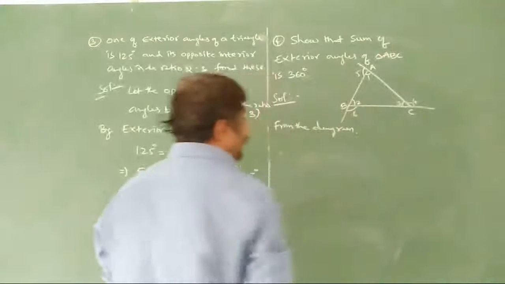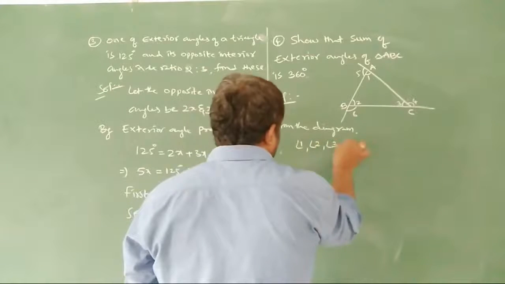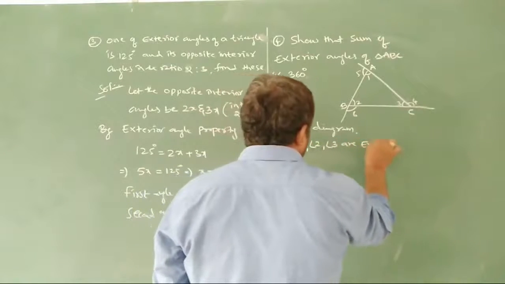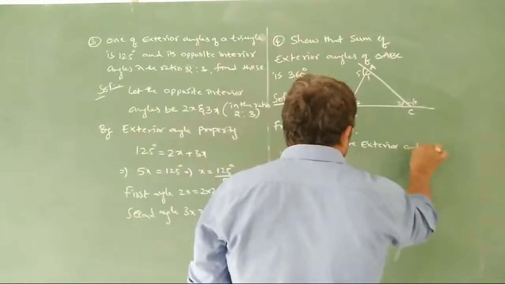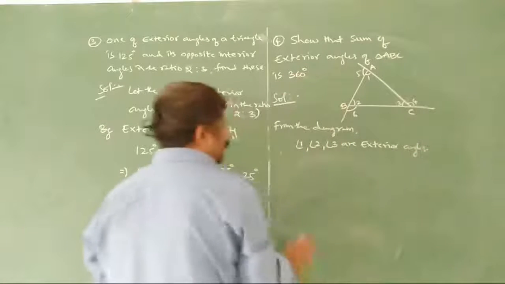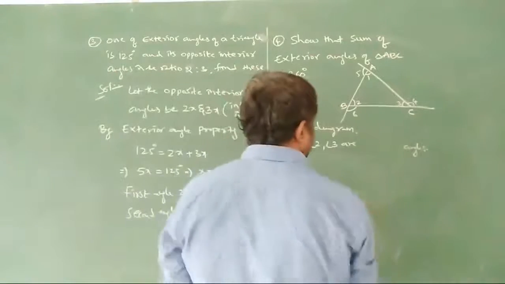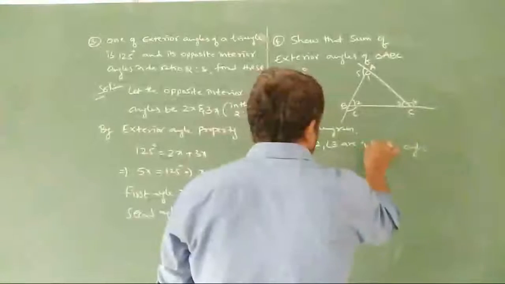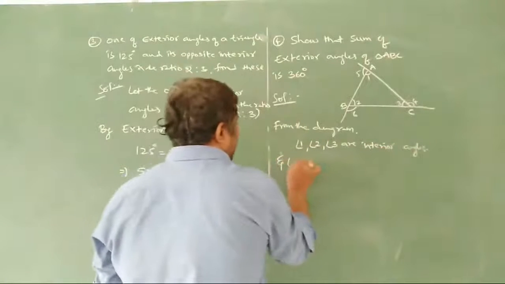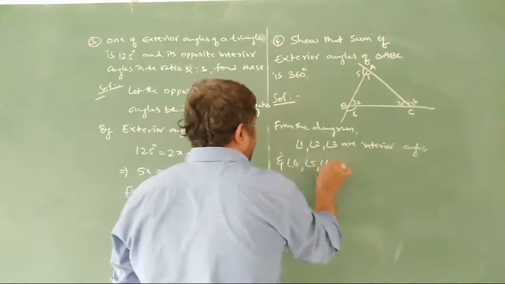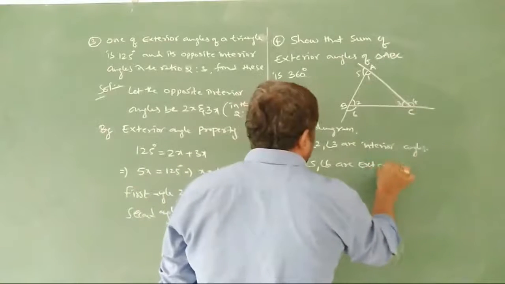From the diagram, what can we write here? Angle 1, angle 2, angle 3 are interior angles. Angle 4, angle 5, angle 6 are exterior angles.